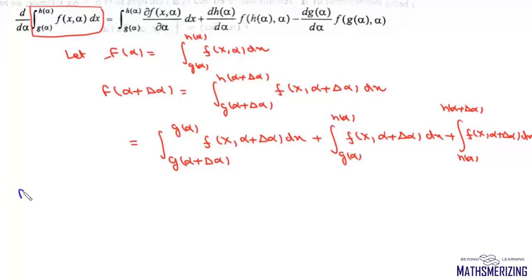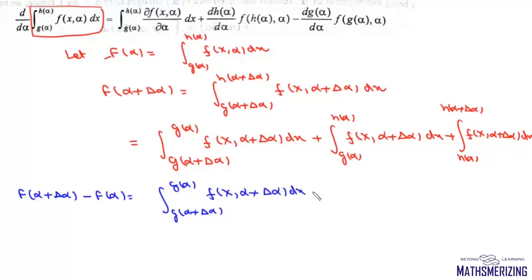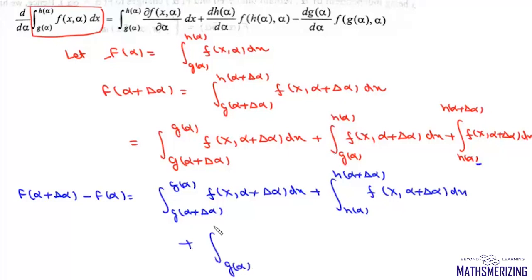So we can write F(alpha plus delta alpha) minus F(alpha) as equal to the integral from g(alpha plus delta alpha) to g(alpha) of f(x, alpha plus delta alpha) dx, plus, I'll write this one first, the integral from h(alpha) to h(alpha plus delta alpha) of f(x, alpha plus delta alpha) dx, and then we have this third integral from g(alpha) to h(alpha) of f(x, alpha plus delta alpha) dx, and then minus F(alpha), which is the integral from g(alpha) to h(alpha) of f(x, alpha) dx.